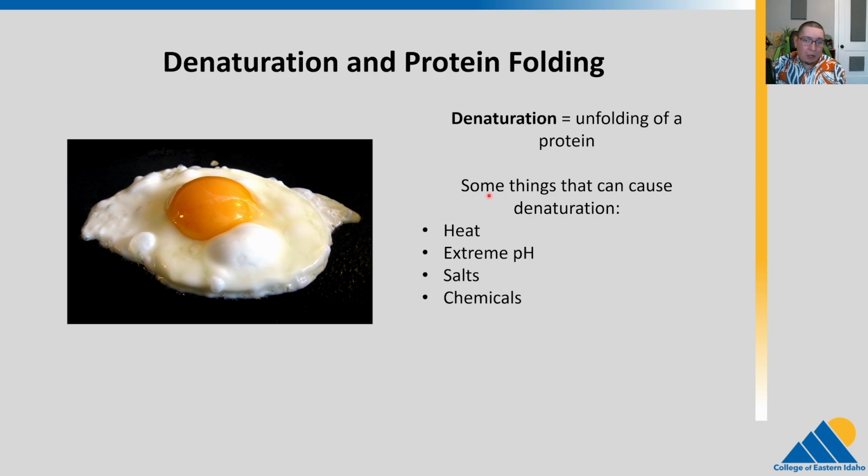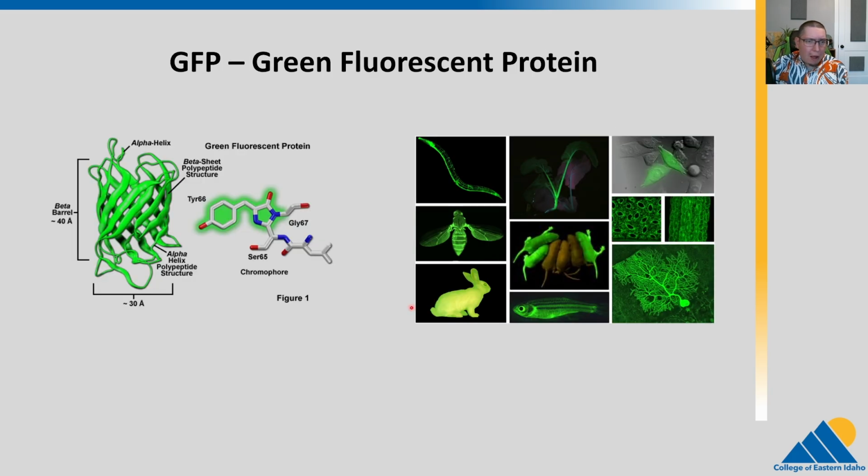Some other things that can cause proteins to denature are extreme pHs, basic and acidic, salty conditions, and certain chemical conditions. Remember we talked about how folding causes the shape. Here's my favorite protein again, green fluorescent protein.